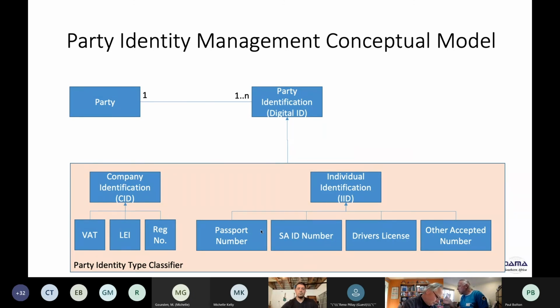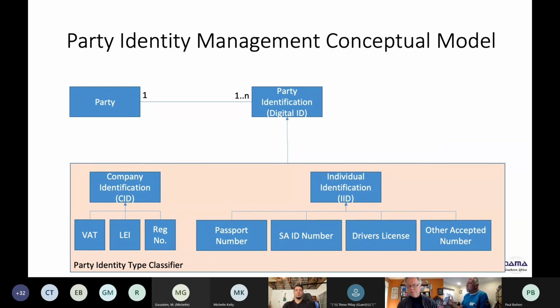And we can also see now with individual identification, an individual may have 4 records. They may have a passport number, an ID number, a driver's license, or any other accepted number. They may have an account number that we use. So we have different ways of identifying those individuals, or those individual identification types, sorry.